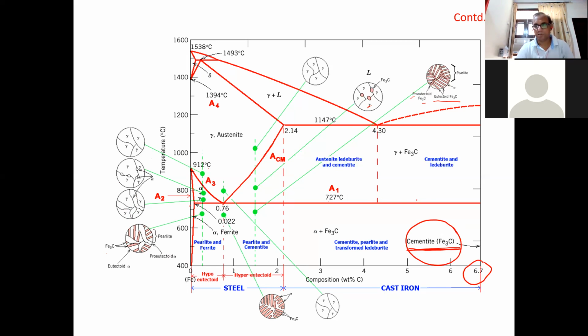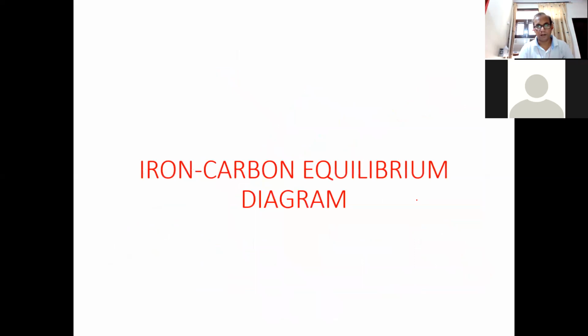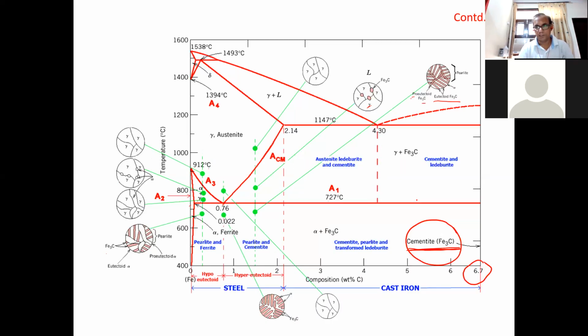That is Fe3C. So this is how we study iron carbon equilibrium diagrams, particularly at this time when you are taking the course as heat treatment process, and the same diagram we analyzed when we were studying material science and engineering.